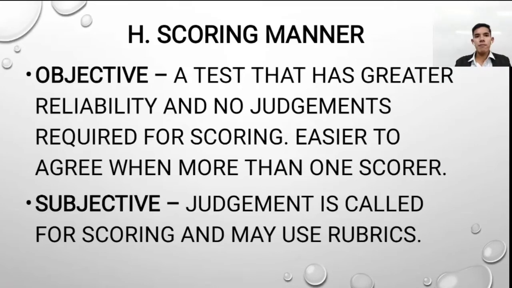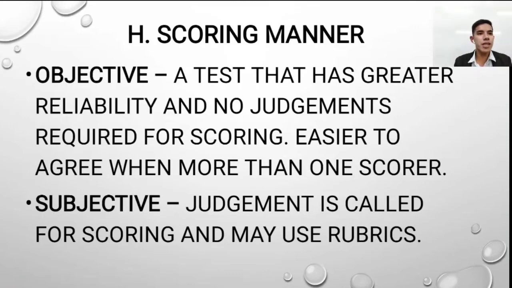Okay, let's have example essay. This is a type of subjective test, essay. Bakit siya subjective? Every person has different perceptions about things. So you have to create your own rubrics in order for you to score those answers na ibibigay nila. Kasi if you don't have rubrics, mahihirapan ka sa pag-grade ng mga subjective types of test.